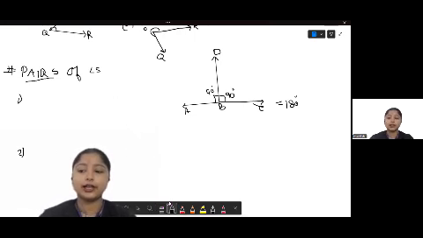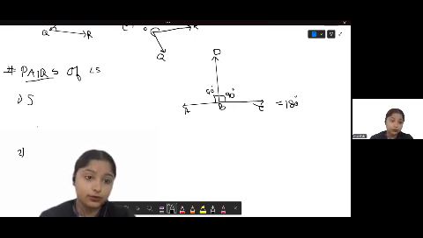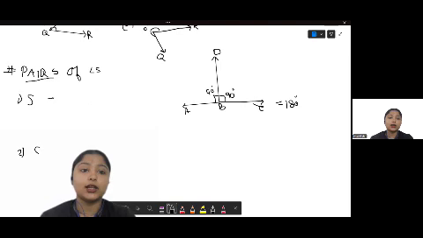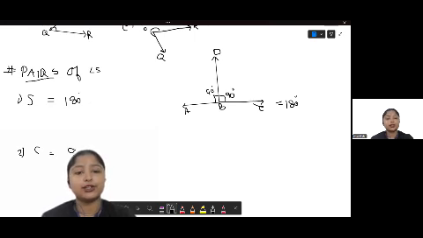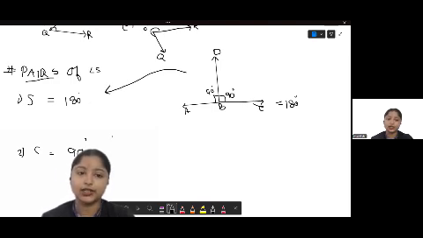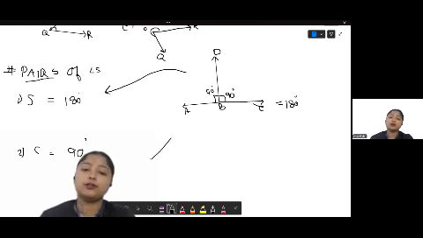The supplementary angle is of 180 degrees, whereas the complementary angle is of 90 degrees. So this was an example appropriate for supplementary angle. For the complementary angle, the sum should be a total of 90 degrees.